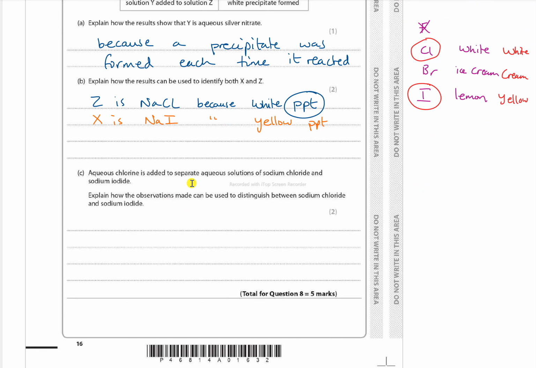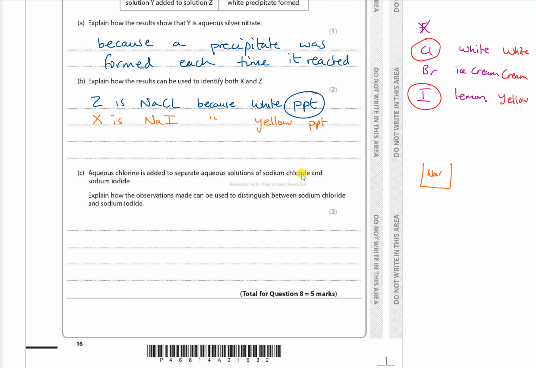Aqueous chlorine is added to separate aqueous solutions of sodium chloride and sodium iodide. Explain how the observation can be used to distinguish between sodium chloride and sodium iodide. Right, let's write it in this form.